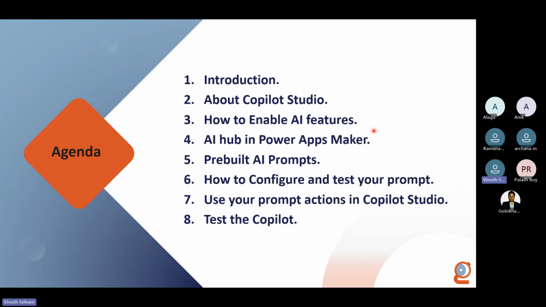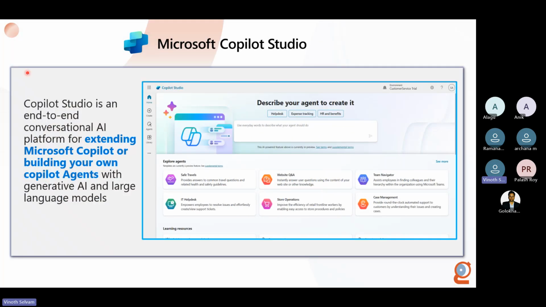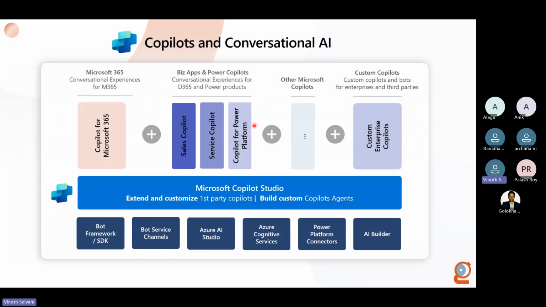Okay. So, what's the next? Quick introduction on Copilot Studio. As everybody knows, this is a platform where you will be creating your own agent, or you can modify the existing Copilot that is present in any of the Microsoft ecosystem. This slide can give you more details on that.